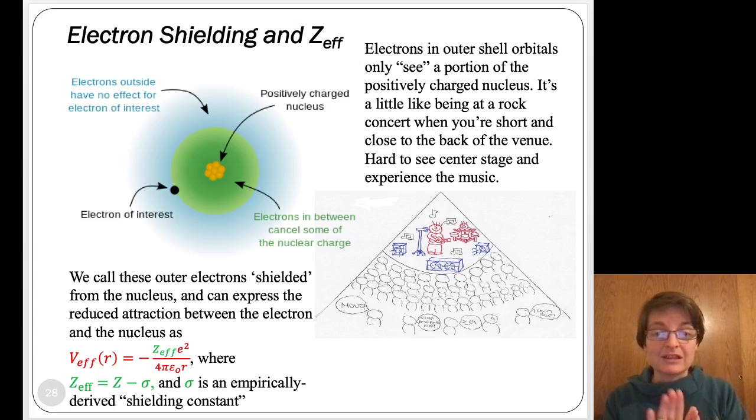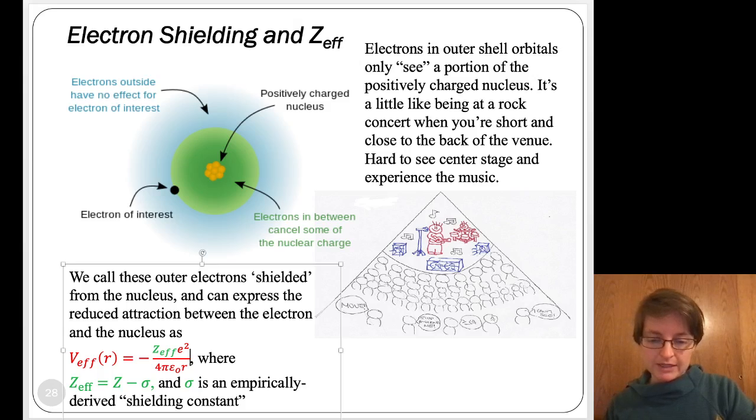They have a weaker interaction or a weaker potential energy between that outer electron and the nucleus, and we can express that by changing up our Coulomb's law expression to say that the effective potential that this electron experiences a distance r away from the nucleus is now Z effective times e squared divided by our fundamental constants and divided by the distance between those.